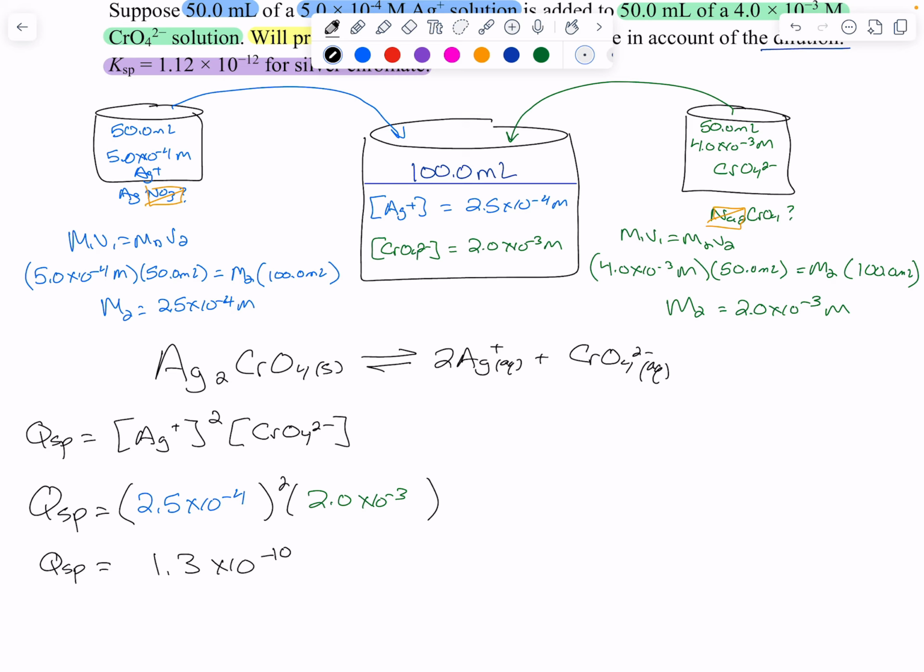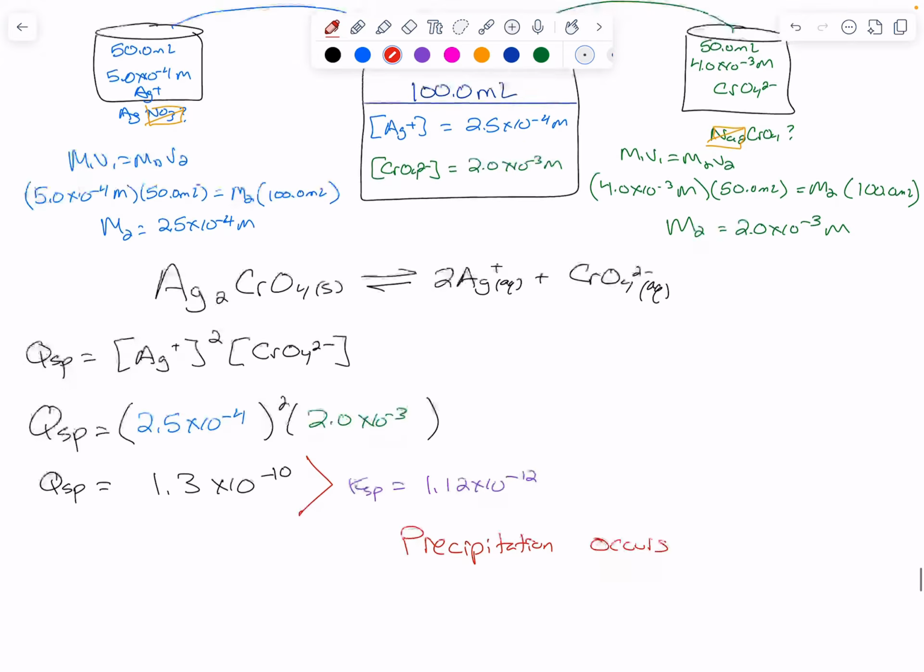Well, K is 1.12 times 10 to the negative 12. So that means Q is bigger by a factor of 100. So this means precipitation occurs. Right. I think that's it.